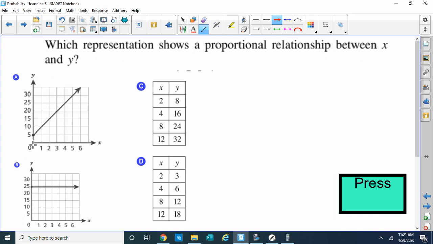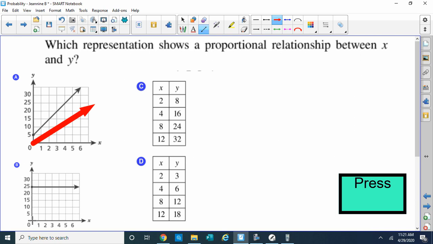Well, number two, the second thing you should know about a proportional relationship, it has to start at the origin. That's at the zero point. So the origin is right there. So the line should really look like this and not start at the 5. It should start at the 0. So that's what it should look like. So A is no good, and I'm looking at B as well.